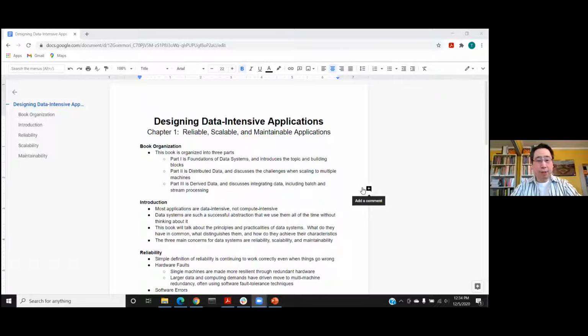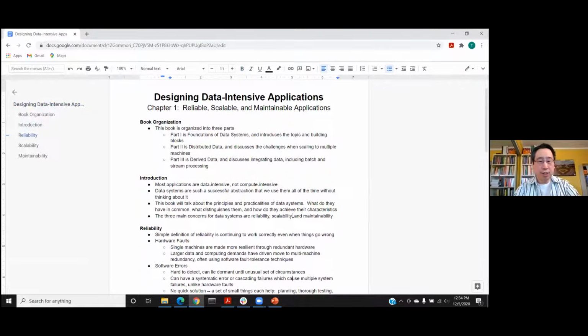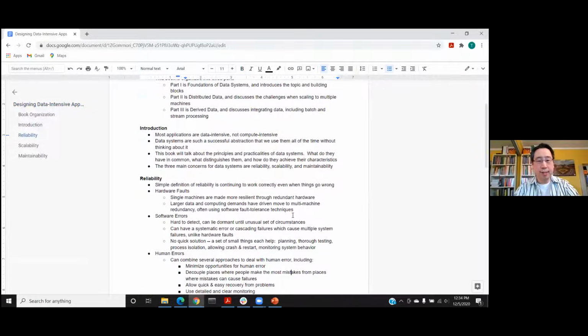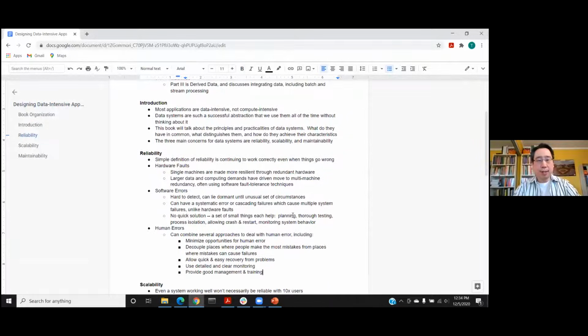So it looks really good. Where we start, chapter one, is just an introduction where he says, hey, these days, most applications are going to be data intensive, not compute intensive. If you have a compute intensive problem, you don't really have many of these issues of scalability or whatever, because basically you're going to bring data together and then you're just going to crunch on it for a really long time.